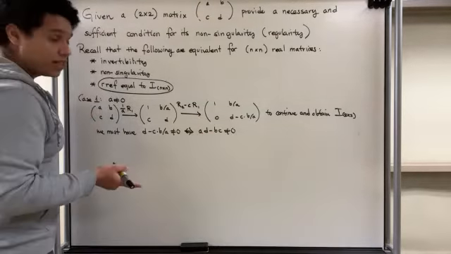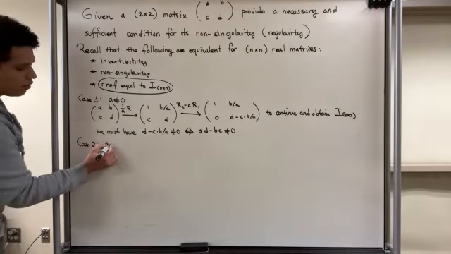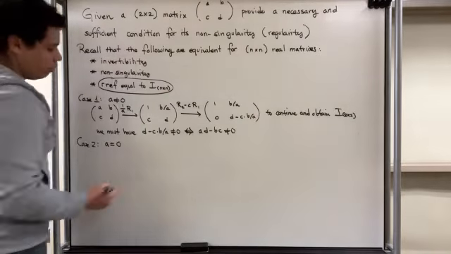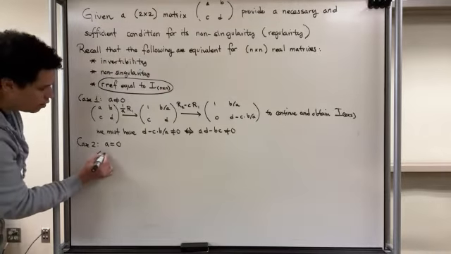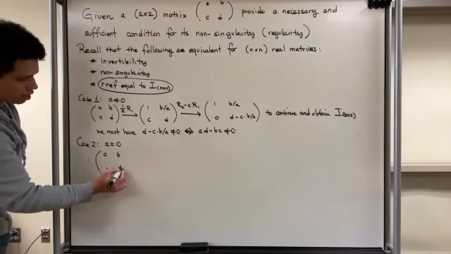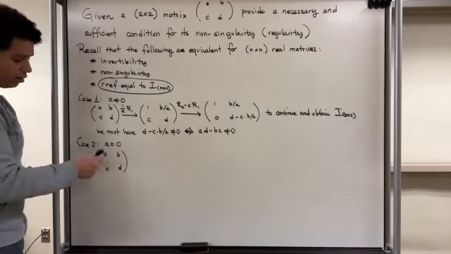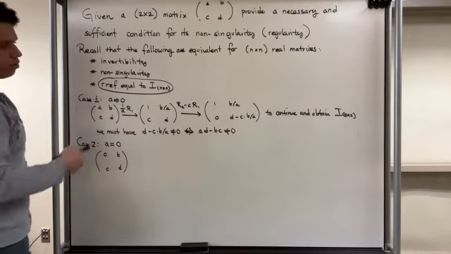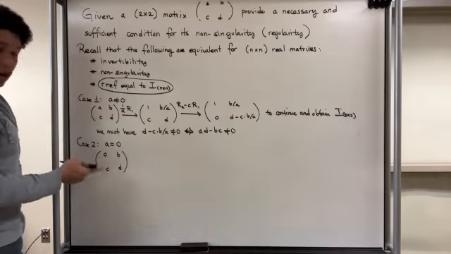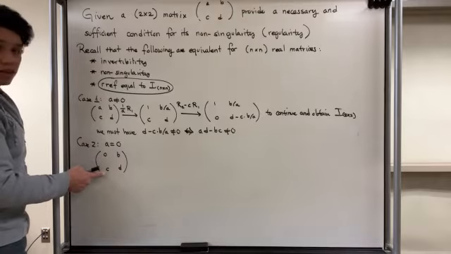Now, let me explore the second case. What happens if A is identical to 0? Well, in that case, we're now confronted with the following matrix: 0, B, C, D. Now, if this is going to be an invertible matrix or equivalent in row reduced echelon form to the identity, we should have that both B and C are different from 0.